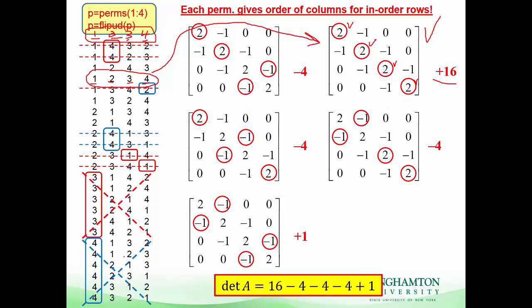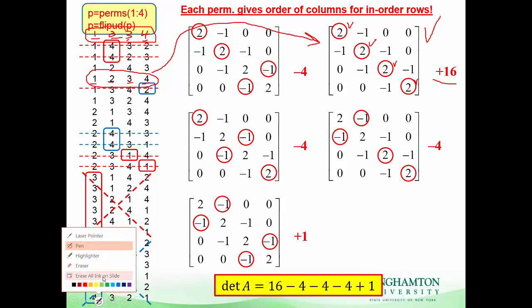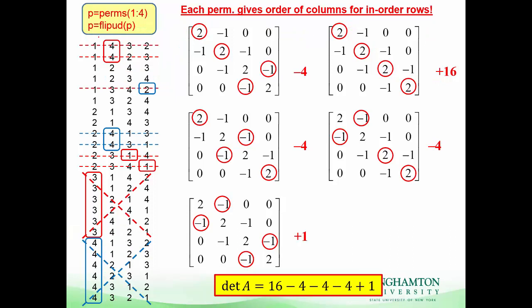Let me clear some of this stuff off here. Remember, 1, 2, 3, 4, that's the order of the rows that we're taking. Now let's look at why I've crossed out a bunch of these. Let's get rid of all the terms that will be 0. Notice I've got this big red rectangle around this one.